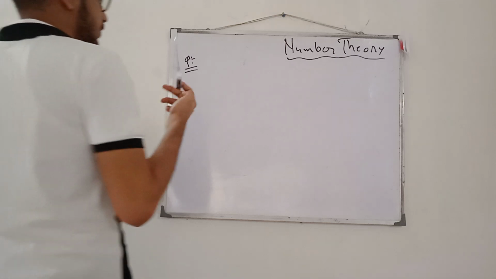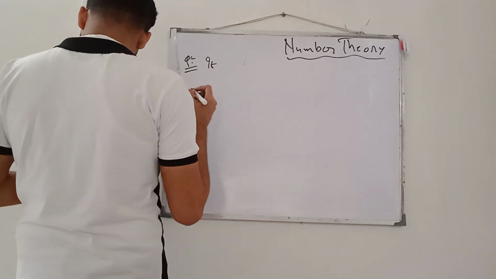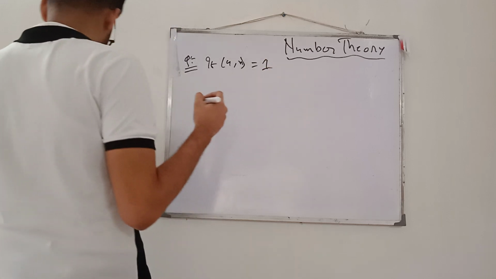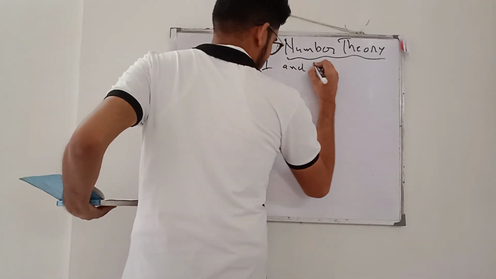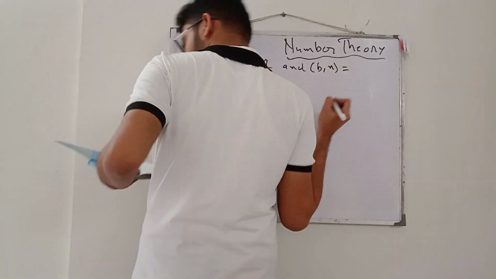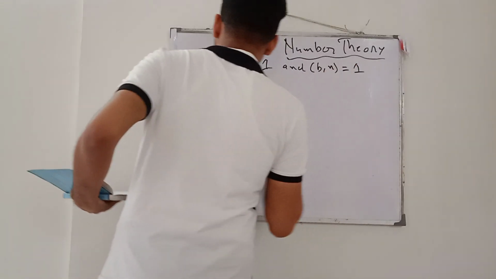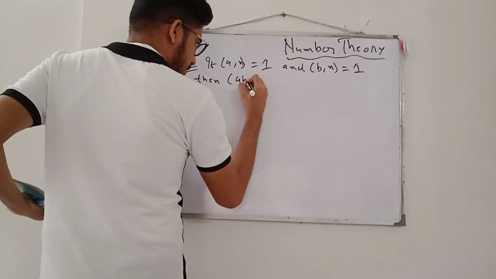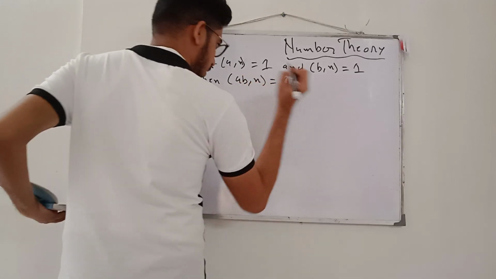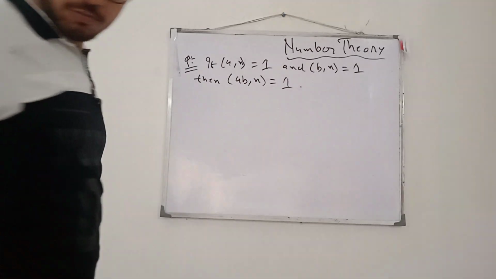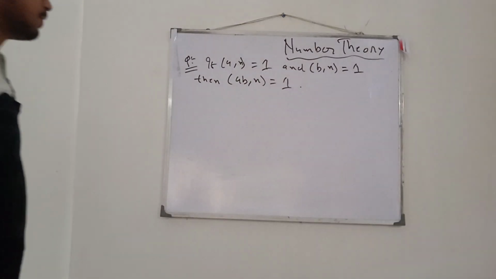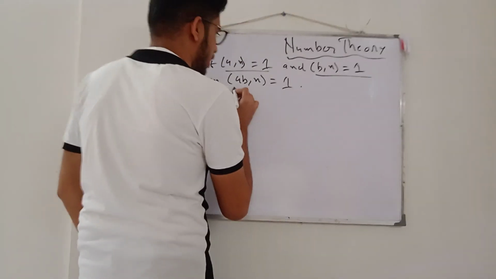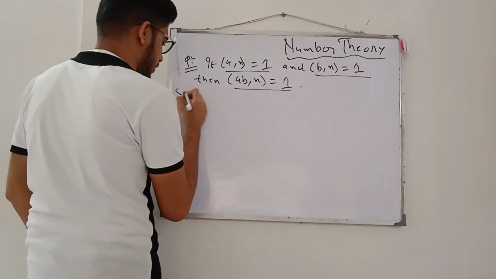If gcd(a, n) is equal to 1 and gcd(b, n) is equal to 1, then gcd(ab, n) is equal to 1. Now we have to prove this. So now we will solve.